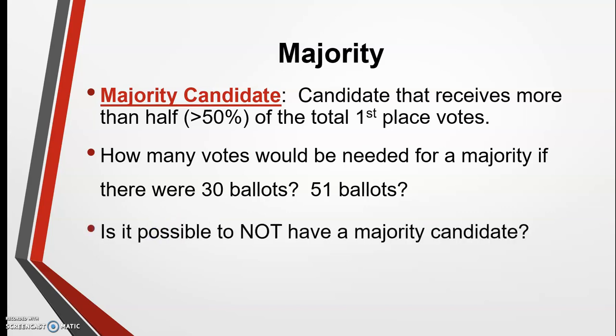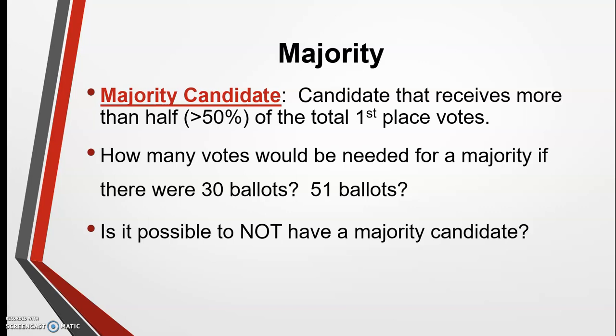Is it possible to not have a majority candidate? And the answer is yes, because if you have more than 2 candidates, so you have 3 candidates, and they divide the vote almost equally, then you can have all 3 candidates having a percentage of the votes, but none of them having more than 50% of the votes.